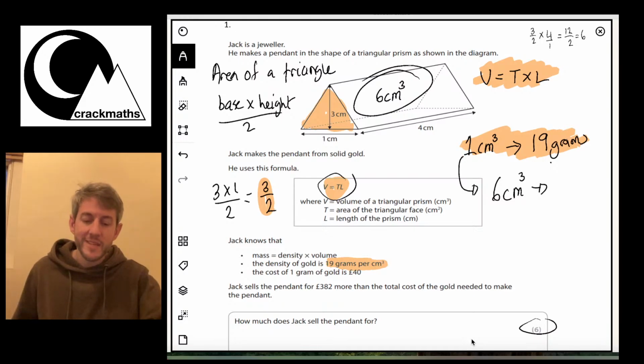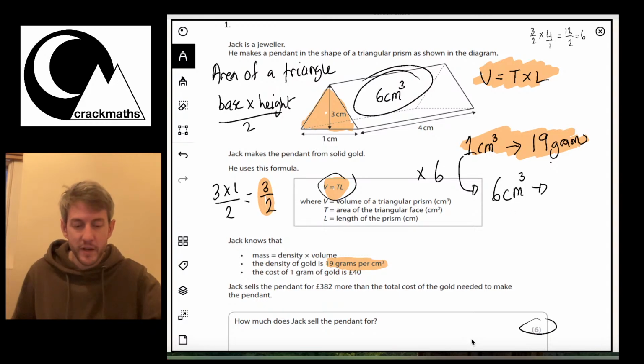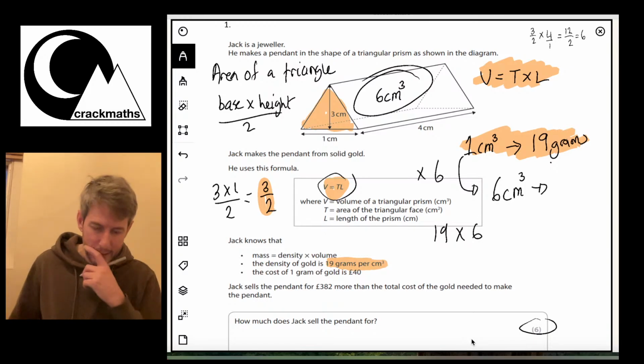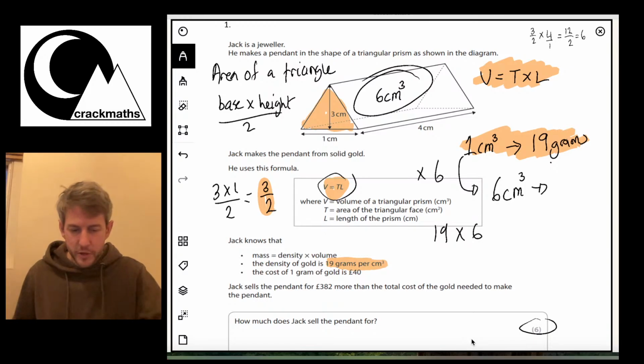So what we've done is we're actually just multiplying this by 6. Okay, so 1 centimetre cubed times by 6 gives us 6 centimetres cubed. Remember, each one of those centimetres cubed weighs 19 grams. So we need to do 19 times 6. Okay, well, I'm going to do this by doing 9 times 6 and 10 times 6. And that's going to give me the same as if I did 19 times 6.